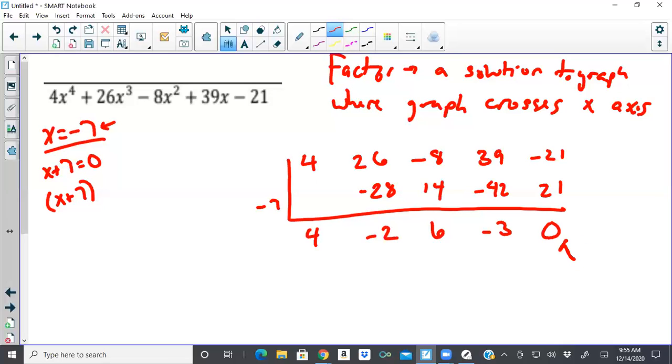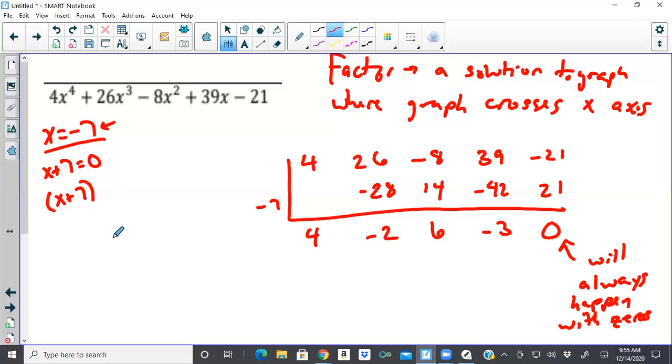This will always happen with zeros. So if you found a 0 on your graph, which we did, -7, 0, if we find a 0 on our graph, the remainder will always be 0, no matter what.